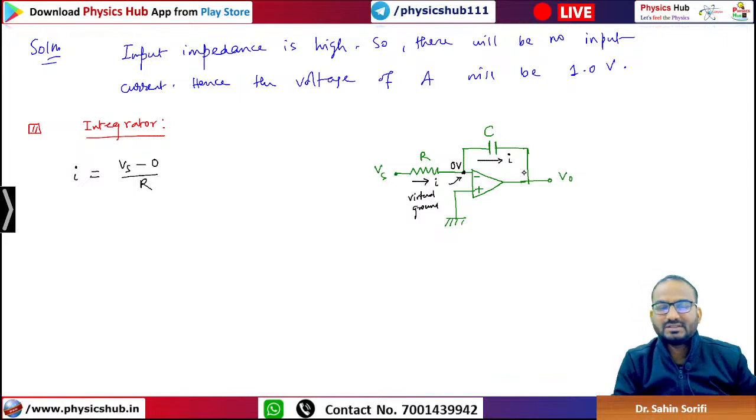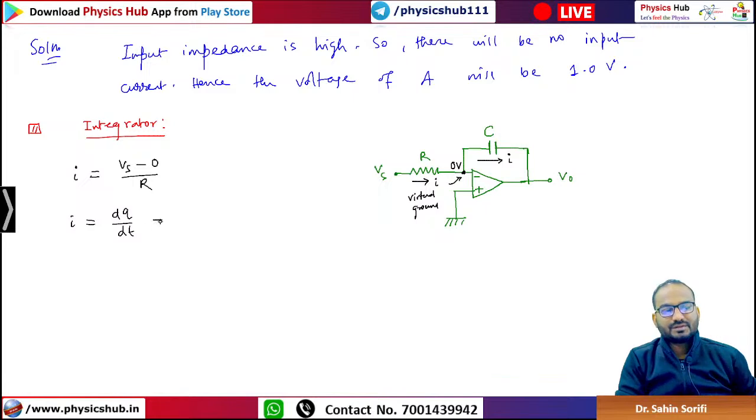For this path, I is equal to dq by dt, which is d by dt of q, equal to CV. C into the voltage difference, 0 minus V0. So you get minus C into dV0 by dt.